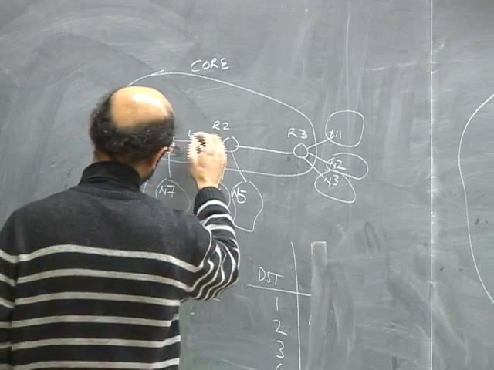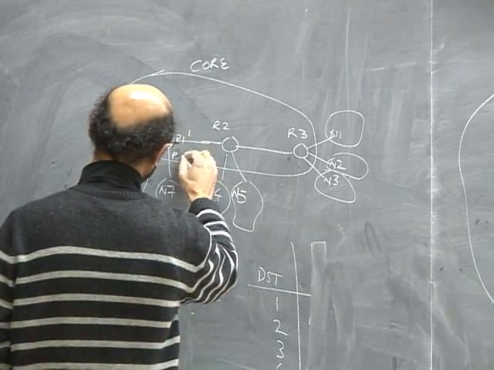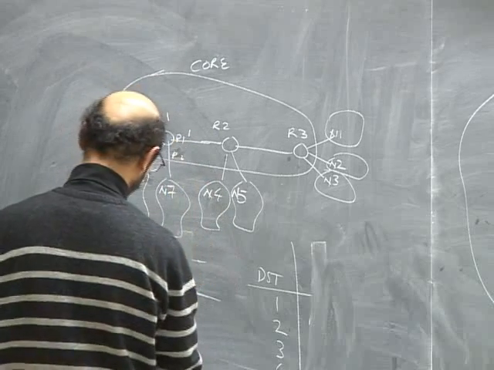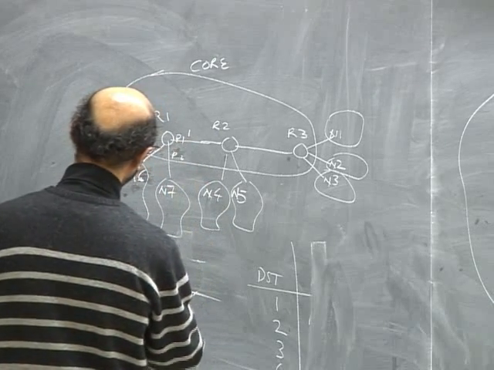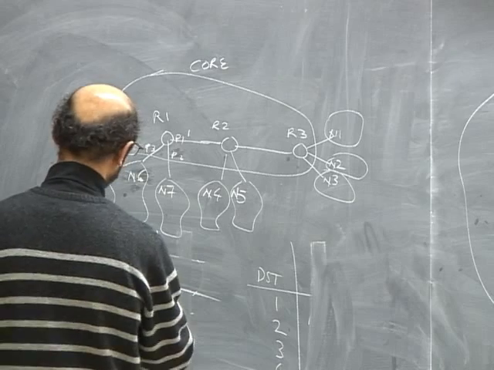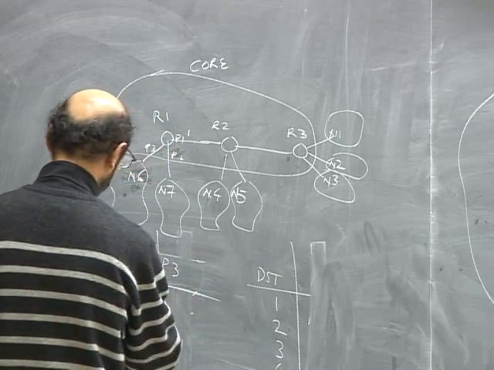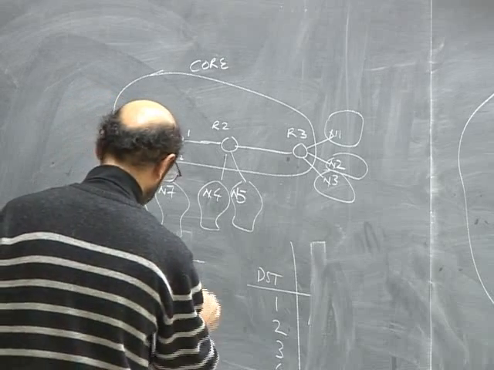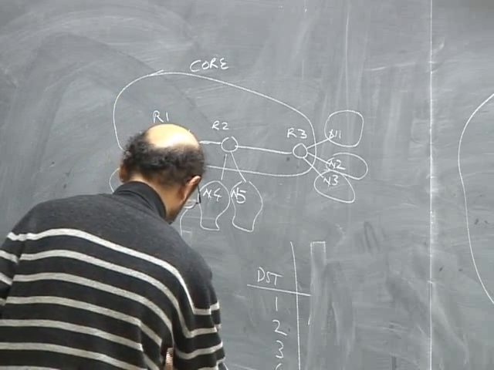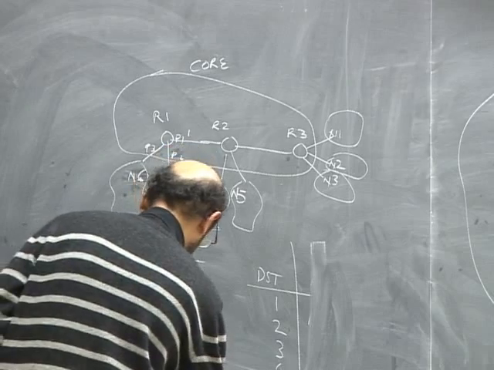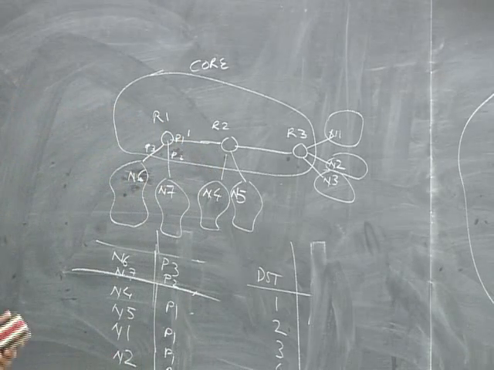So this is port P1, port P2, port P3, and then at R1, if it's N6, it's going to be on port P3, and if it's N7, it's port P2. Otherwise, it's all P1. There you go. So it's all port numbers.